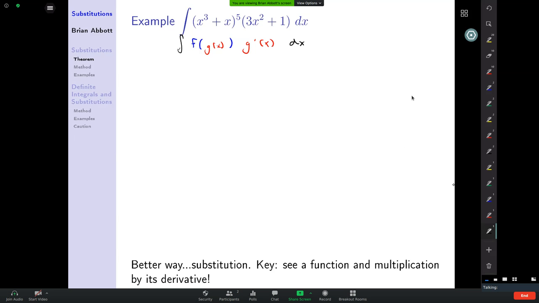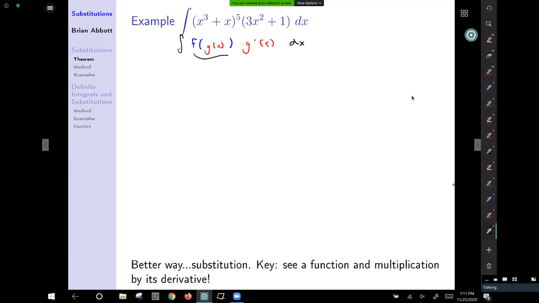So our question is, what has this as its derivative? And so we'll take a look at the chain rule formula.